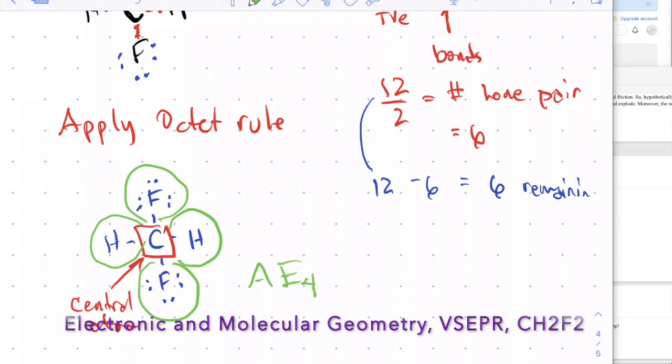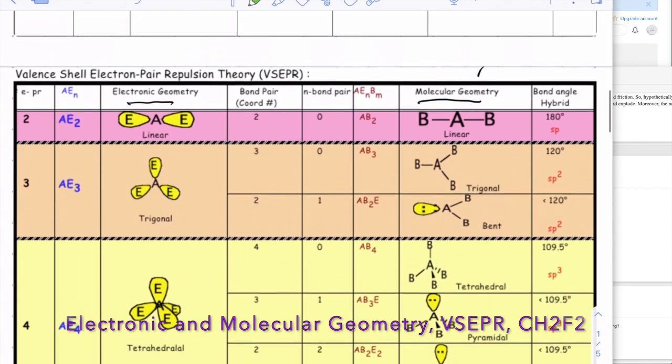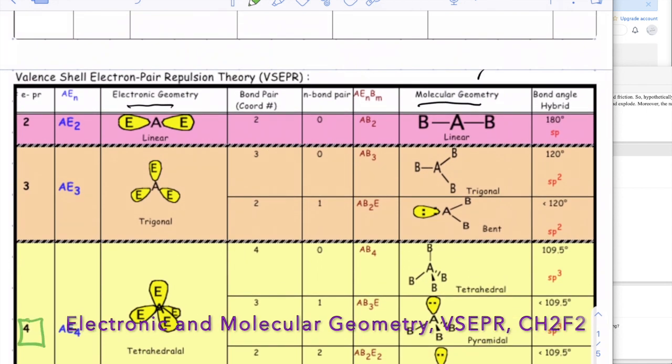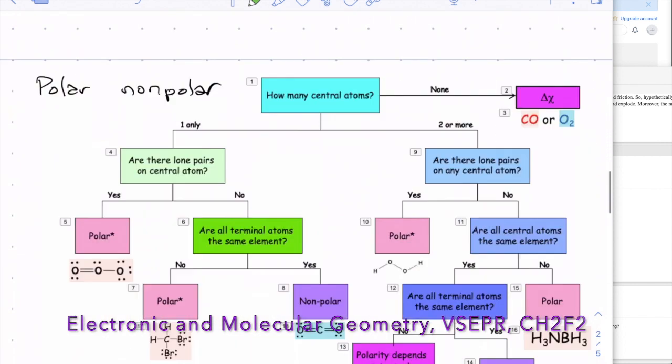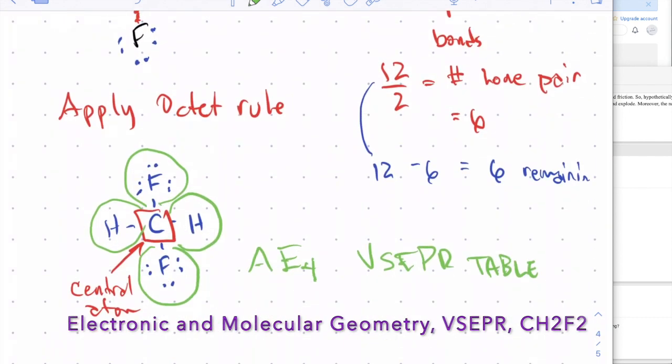And if you look at your VSEPR table, you see 4 regions right here, so our electronic geometry is tetrahedral. And if you take a look at difluoromethane, all these regions have bonded atoms at the end.